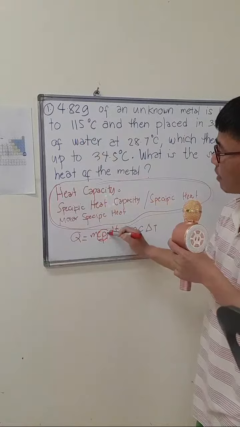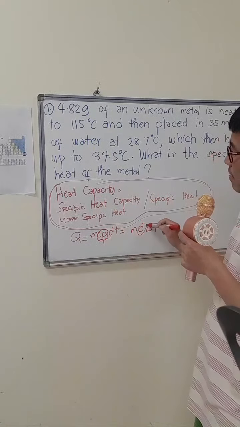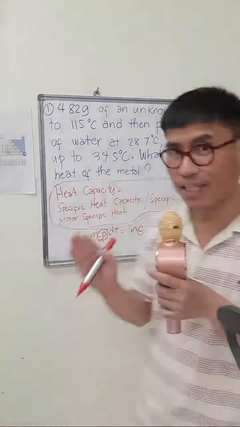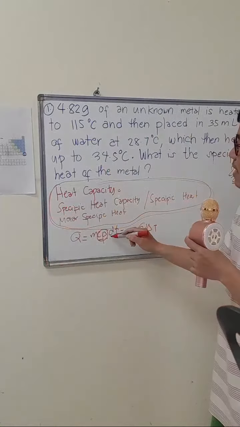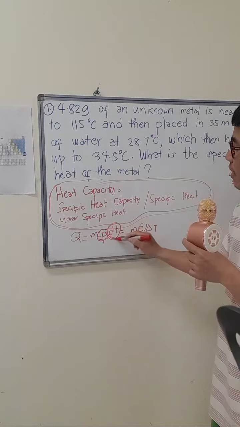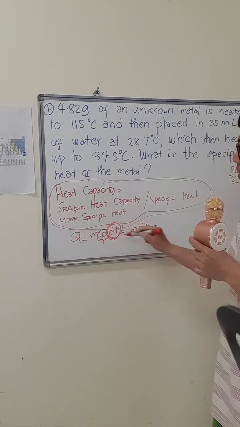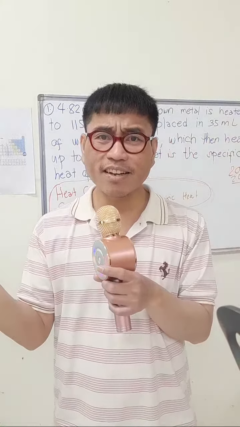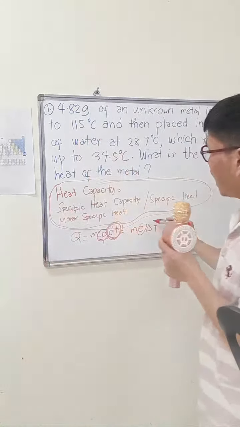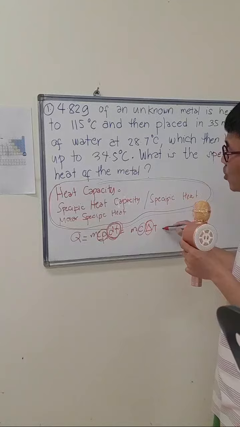This Cp, in other books, is sometimes only C, but it is still specific heat capacity, just the same. And then dT, which was familiar when I was in college, is also expressed as delta T. The delta means the change in temperature.